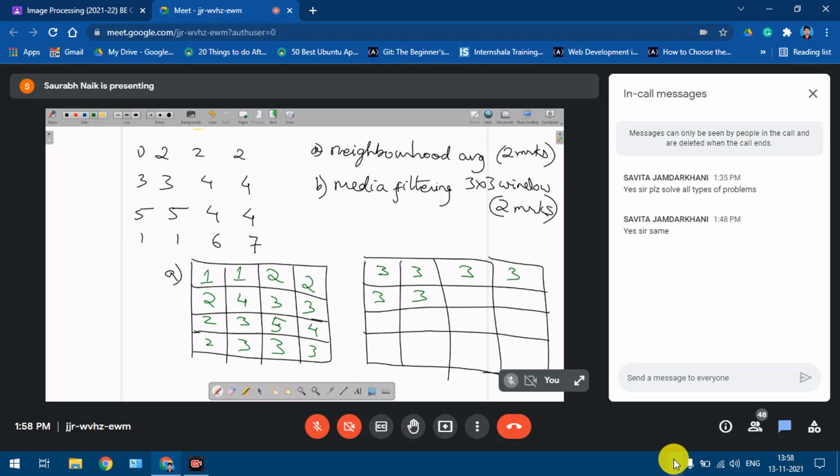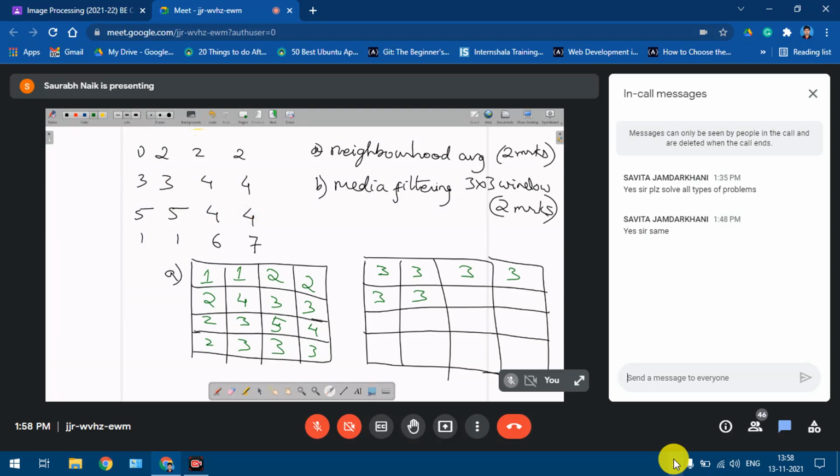Then at 1, 2, you will have 2, 2, 2, 3, 4, 4, 4, 4, 5. Since this is your central pixel, your window is occupying 1, 2, 3, 4, 5, 6, 7, 8, and 9 values.